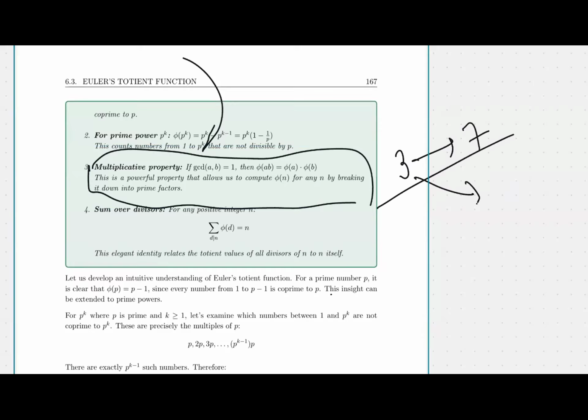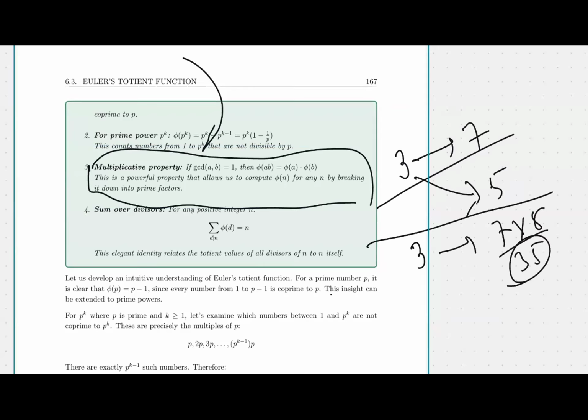Which means 3 would be co-prime to 7 times 5, which is 35. Is this clear? Yes, sir. So that's what this theorem tells you, that we can actually use this property.